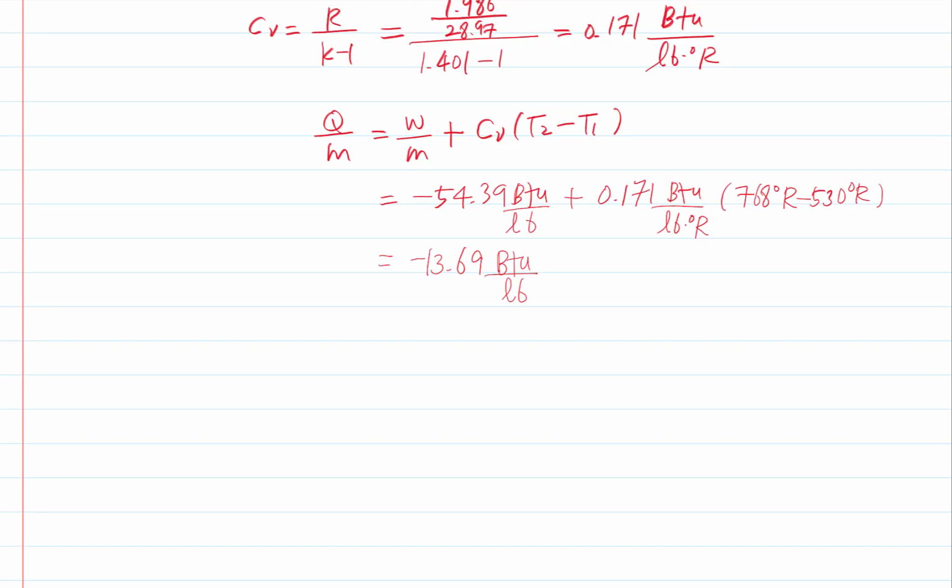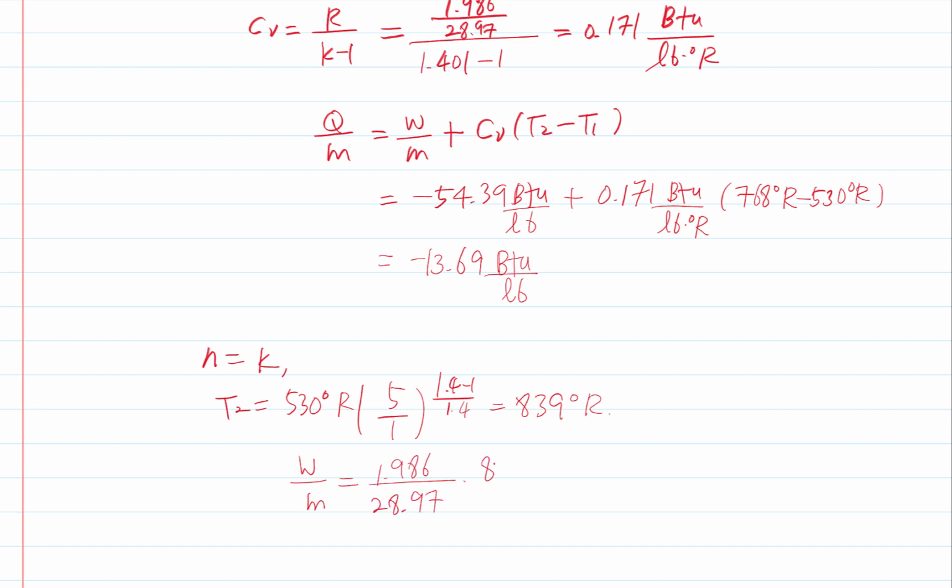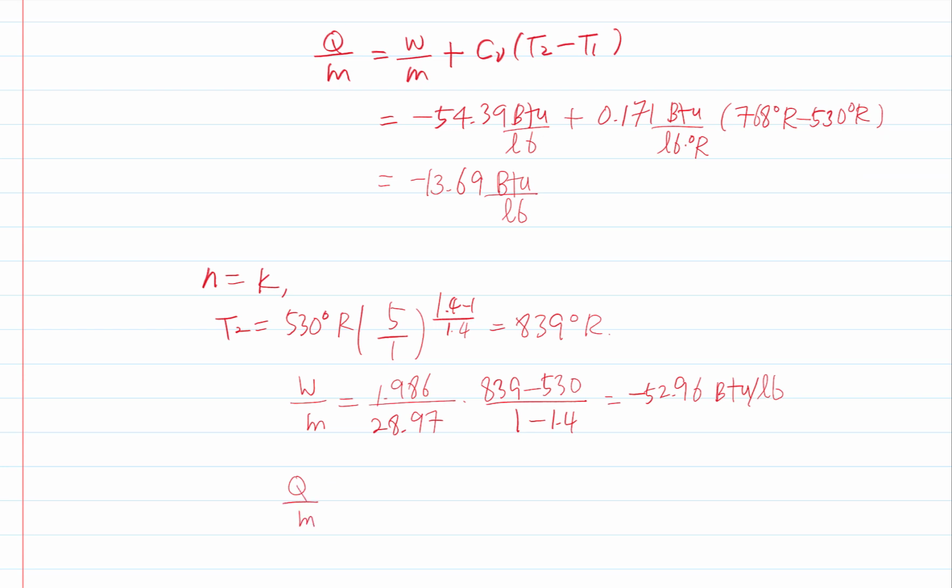And lastly, determine the work and heat transfer per unit mass when n is equal to k. Plus Cv, R over k minus 1 times temperature difference.